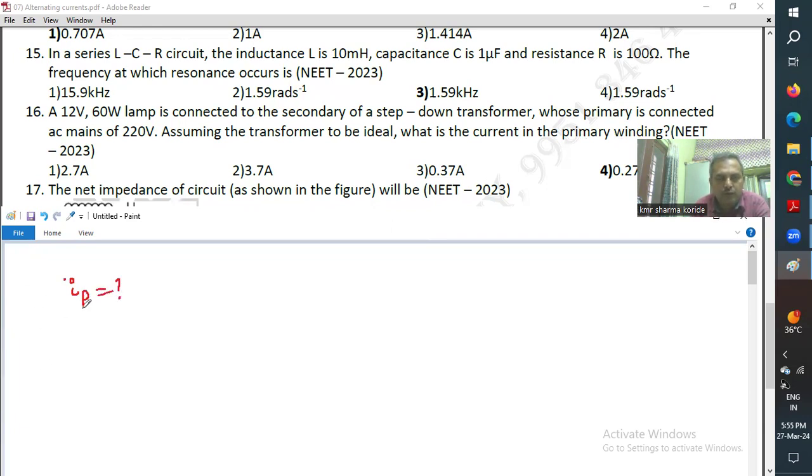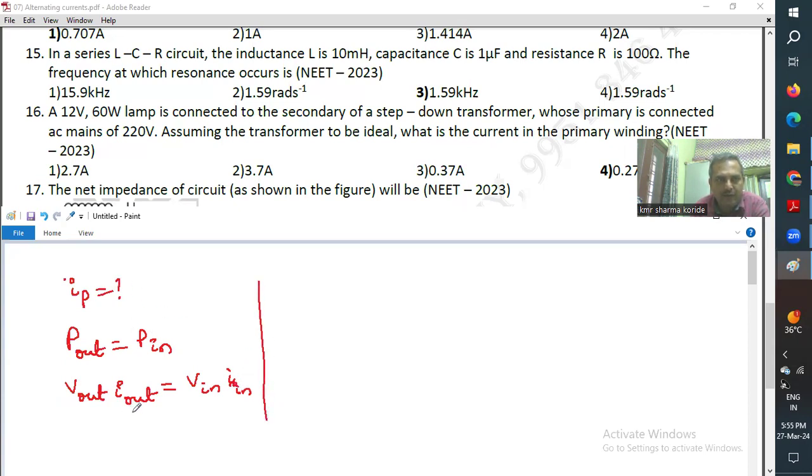So first thing is power at the input is equal to power at the output. V out, I out is equal to V in, I in. So we are looking for I in. So I primary means I in only.